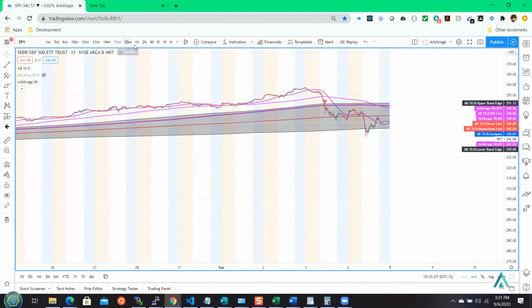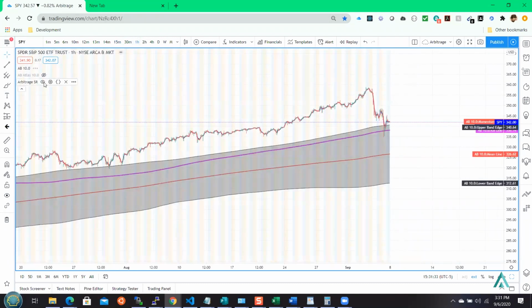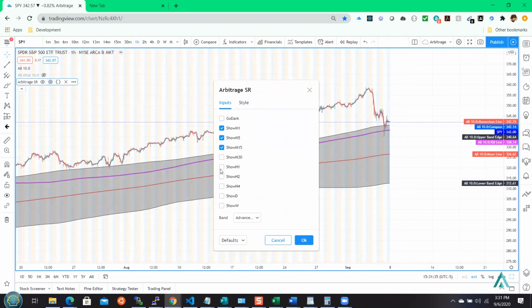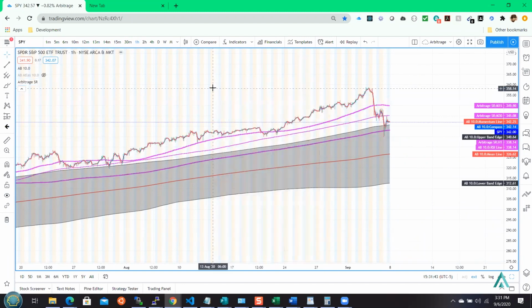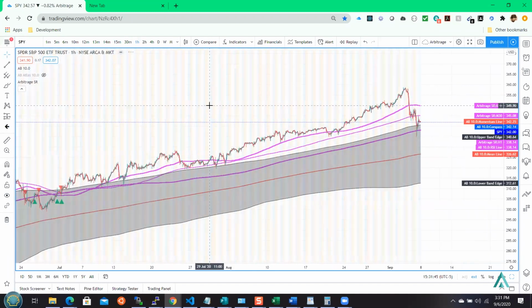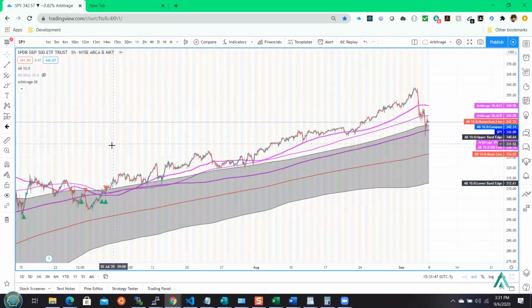And like, say, for example, like I said, I usually use 3. So if I switch to the hourly chart, the same is true. I take the 3 closest, turn off those 2, and now I'm just making sure that it sustains and stays above.